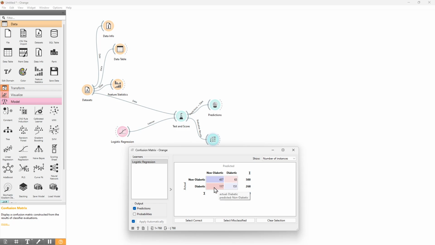That's why this 117 cell is referred to as the false negative. In this other cell, there are 63 patients who do not have diabetes, but the model claims them to have diabetes. It falsely claims them to be positive, so this 63 is the false positive cell. So this is a false positive, this is a false negative, and these two are the misclassifications.